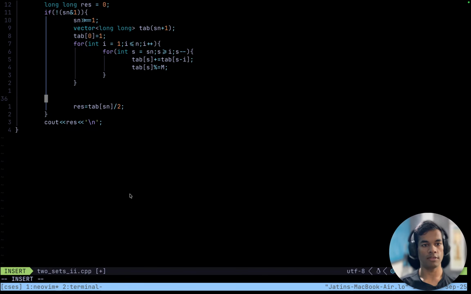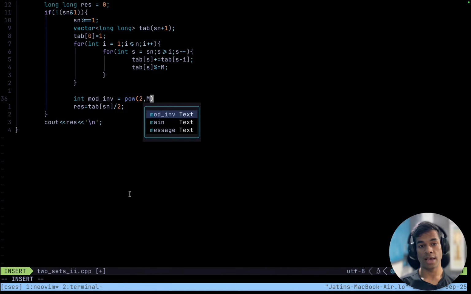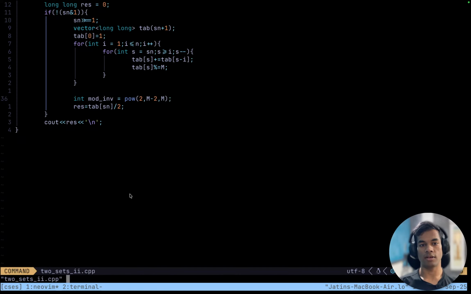So we can say that int mod inverse for 2 is going to be power 2 raised to the power of m minus 2 modulo m. And why is this going to work, m minus 2? This is going to work because of Fermat's little theorem. This m, with which we have to find the modular inverse for 2, is a prime number.